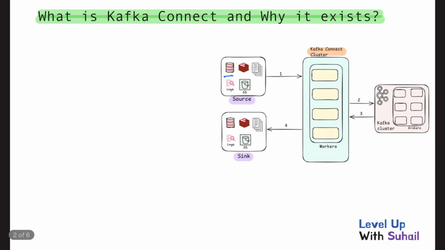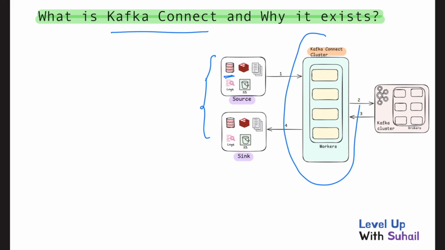So what is Kafka Connect? Kafka Connect is a framework that moves large amounts of data between the Kafka system and external systems. External systems, for example, MySQL, PostgreSQL, MongoDB, Elasticsearch, S3, file system, and so on. So this could be our external systems, and Kafka Connect sits between the external system and the Kafka cluster.